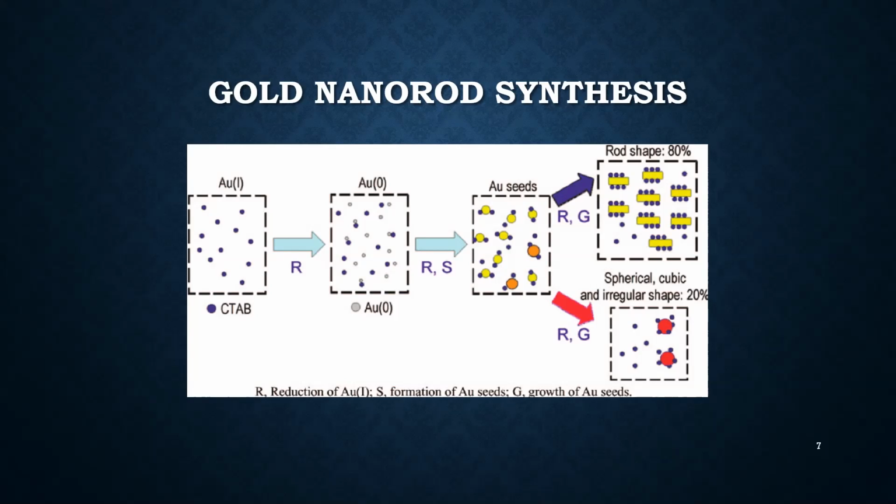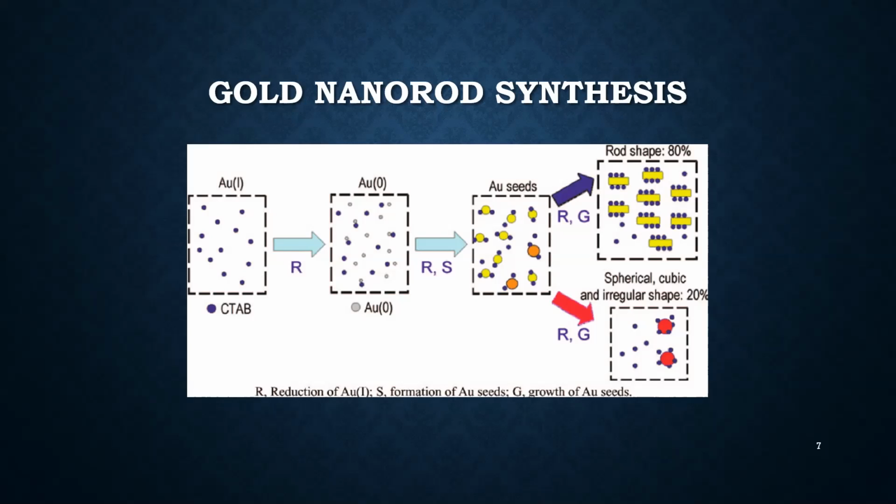However, recently a simpler method has been developed: seedless gold nanorod synthesis. This seedless approach entails only one step with similar reagents in the growth process of the seed-mediated method.